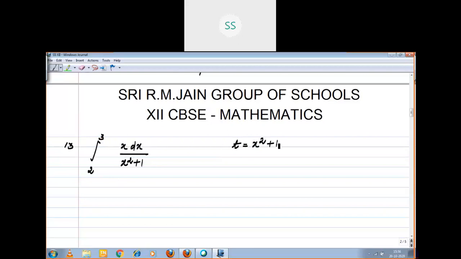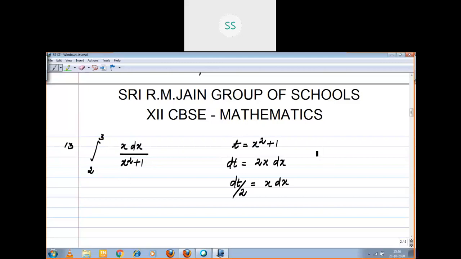T is equal to x square plus 1. dt equal to 2x dx. dt by 2 equal to x dx.